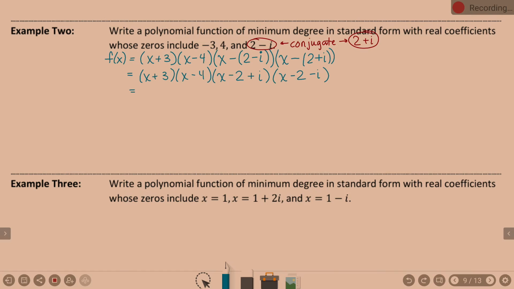But what will make the math easier as you pick pairs to FOIL together is to always FOIL together your conjugates because more stuff will cancel. So we're going to have to FOIL these two with each other, which is your best move. And that means by default I might as well go ahead and FOIL x plus 3 and x minus 4.